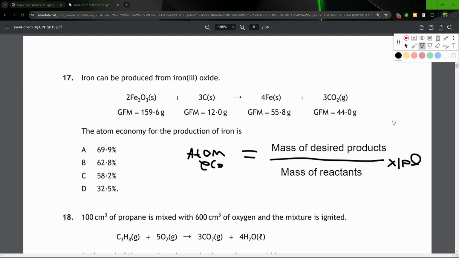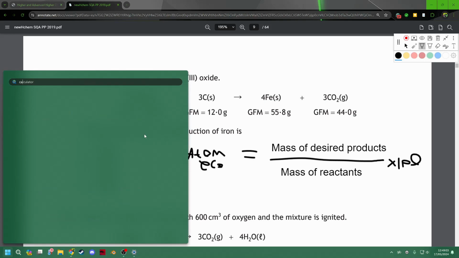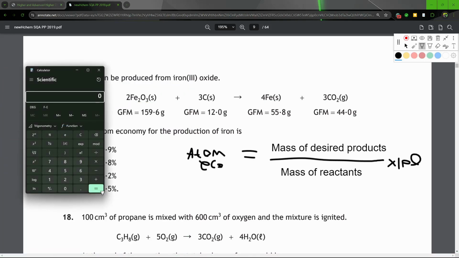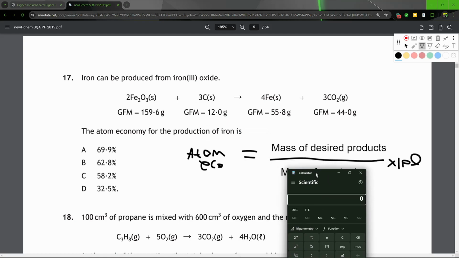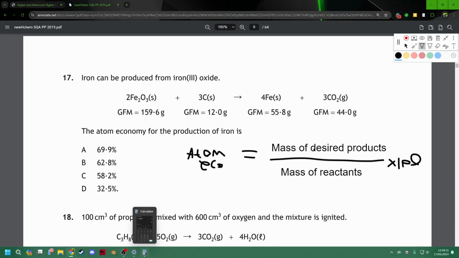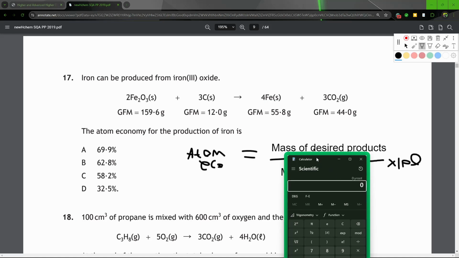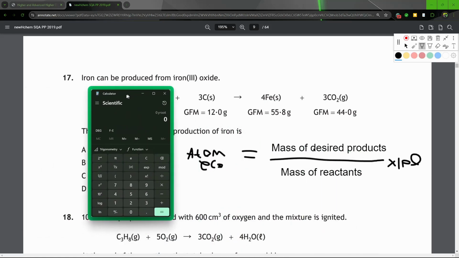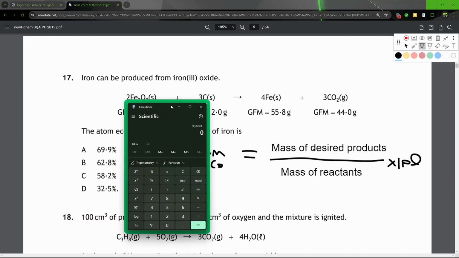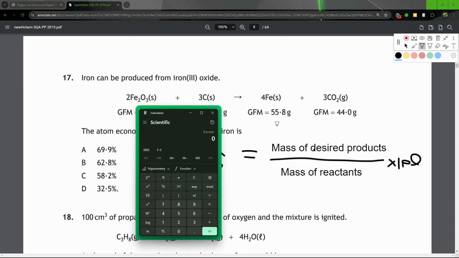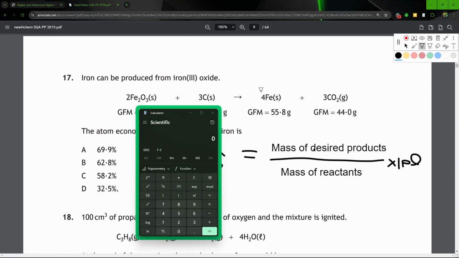So if I go and run this through our calculator, we can see what we get. It's production of iron, which means we can start by putting the formula mass on top. And remember, this is going to be a bit confusing for most people, but atom economy is the only calculation where you're actually going to use these numbers at the front in the calculation itself.